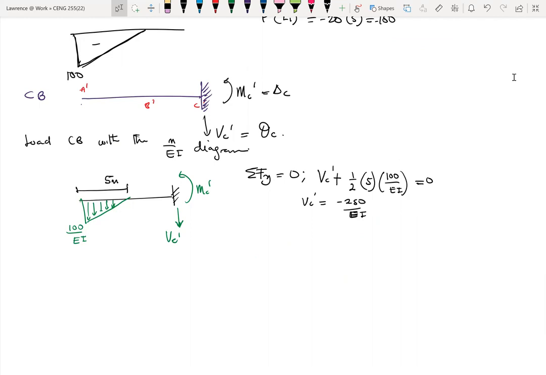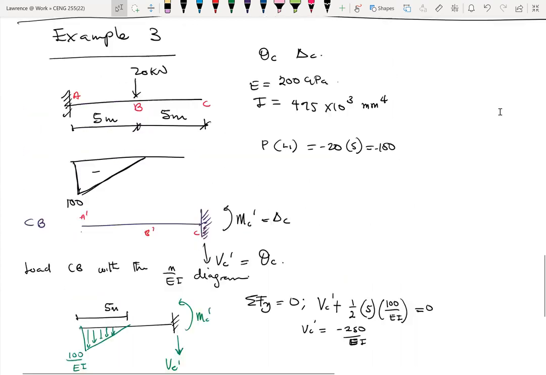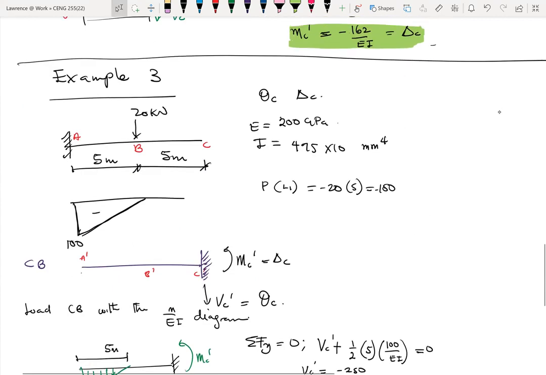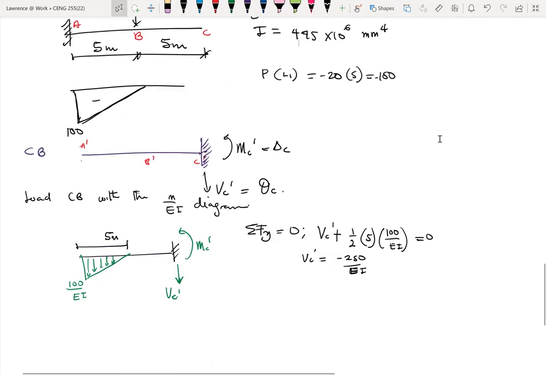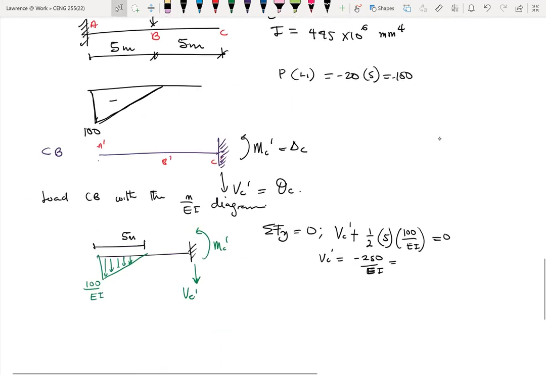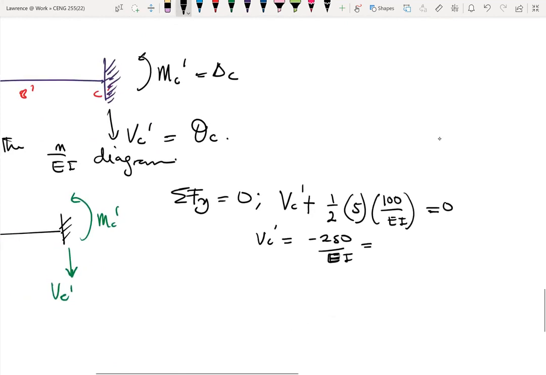Yeah, so we know E, I think we're given EI. So we can place them into our equations. E was given as 200 GPa and I is 475 times 10 exponent minus 6. All right. So we can put them into the equation here, and then we should end up with minus 250.